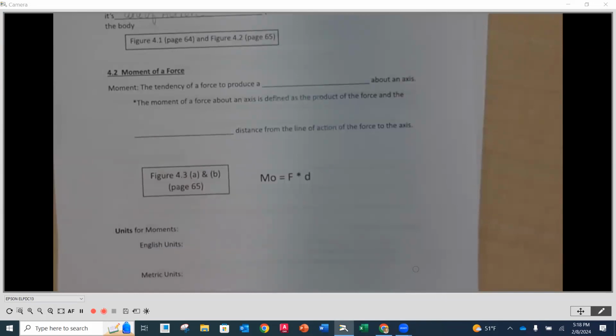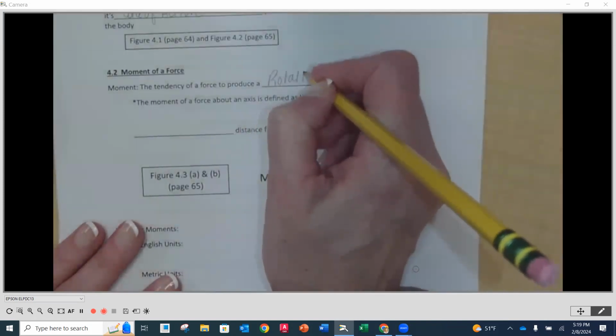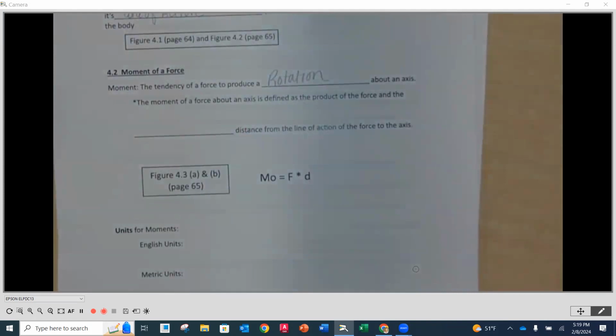All right, so 4.2, moment of a force. This is the new concept here that we're going to continue to apply. A moment of a force is the tendency of a force to produce a rotation about an axis or a point. Moments produce rotations.